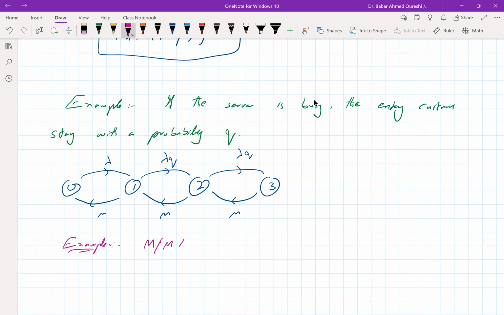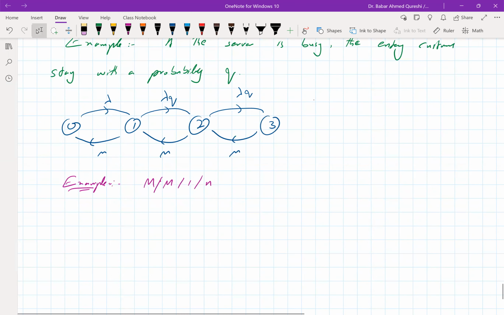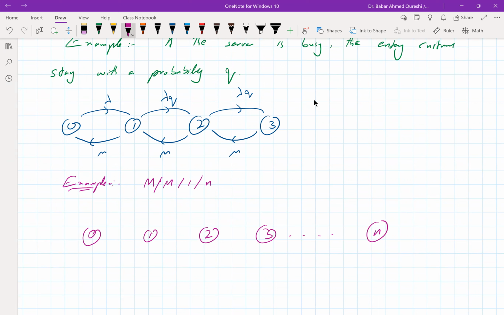So M/M/1/n, let's say. You have lambda, but if more than n customers come, they just leave.